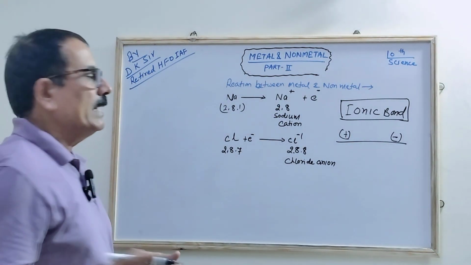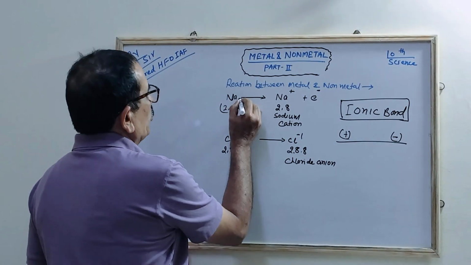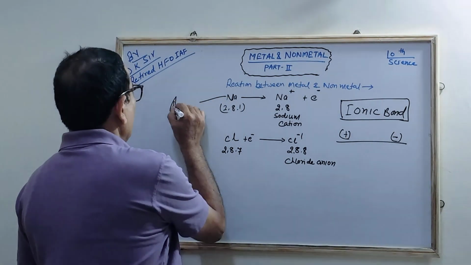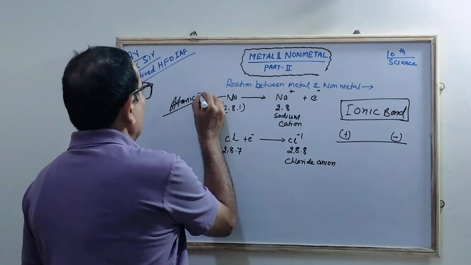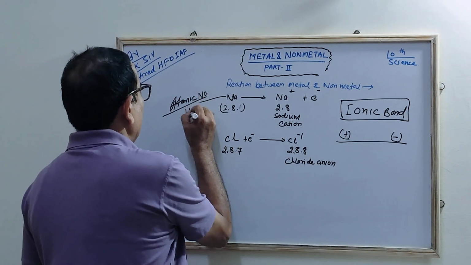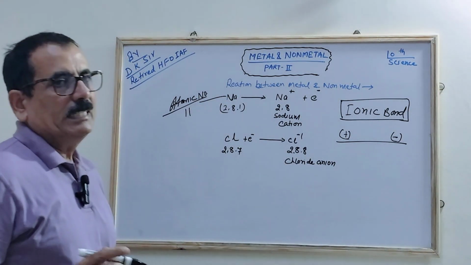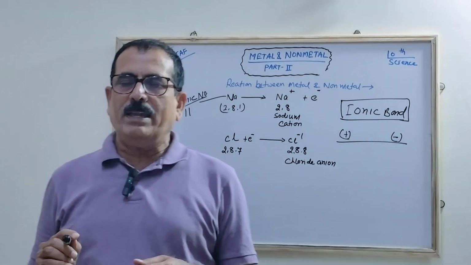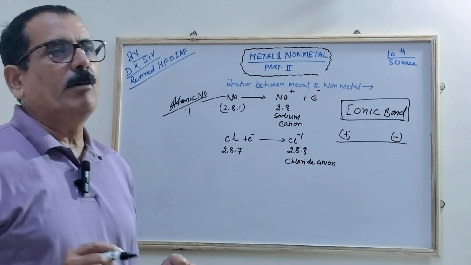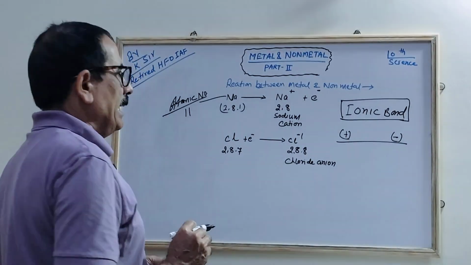We know the atomic number of sodium. Anybody can say it is 11, which means it has a total of 11 electrons and 11 protons.